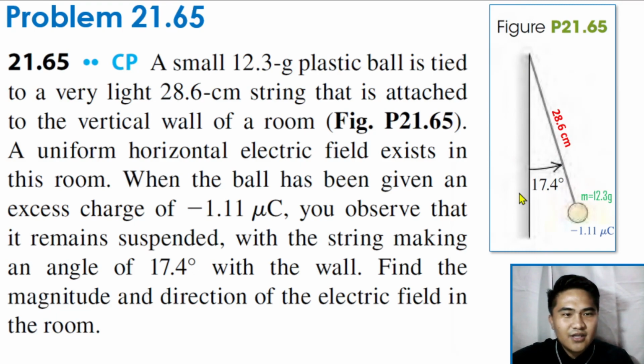A uniform horizontal electric field exists in this room. When the ball has been given an excess charge of negative 1.11 microcoulomb, you observe it remains suspended, with the string making an angle of 17.4 degrees with the wall. Find the magnitude and direction of the electric field in the room.